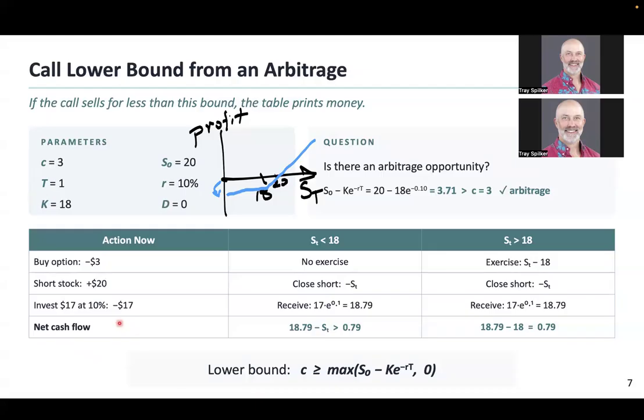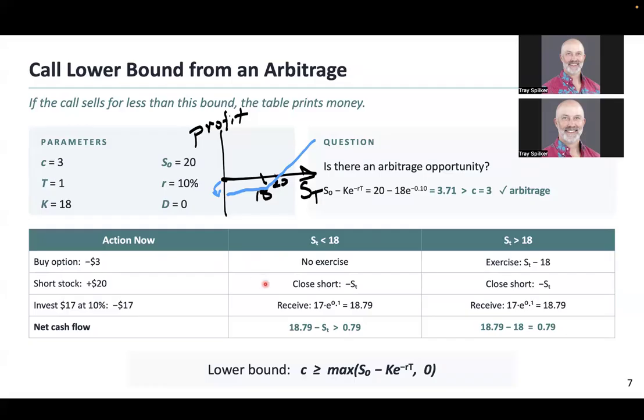When it comes to the maturity time period, at S of T, that is the share price at maturity, we're not sure what it's going to be, but we can evaluate it relative to the strike price of $18. So if the share price is below $18 at maturity, T equal to 1, the option will have expired worthless because it's out of the money. So we're not going to exercise it.